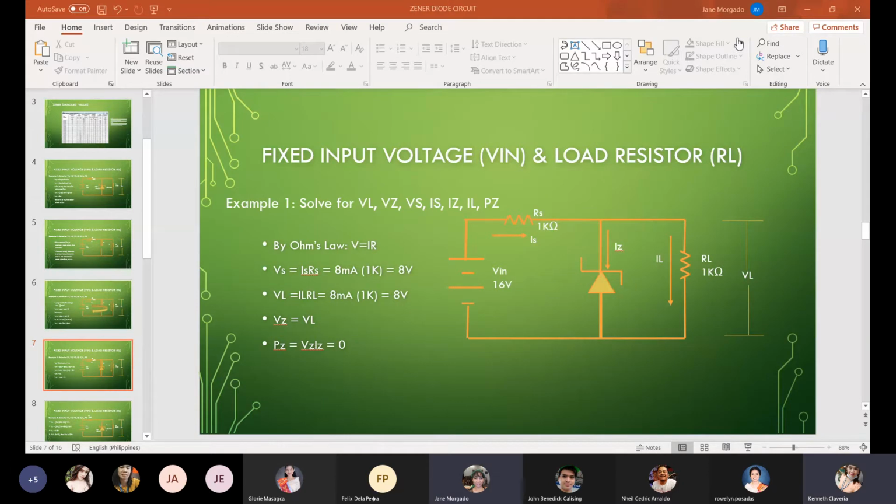Dalawa po kasi ma'am yung resistor. Naghati po yung current na nag-flow. There's nothing, wala nga current na nagpo-flow sa Zener kasi nga open circuit siya. Pero tama yung 8. Okay?